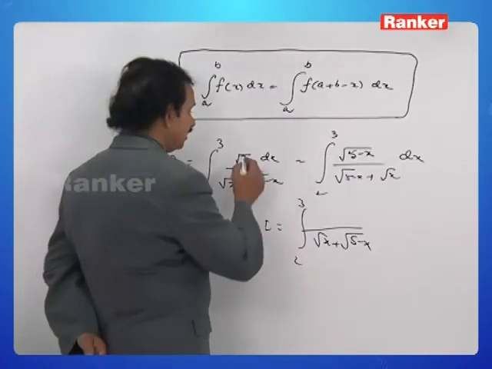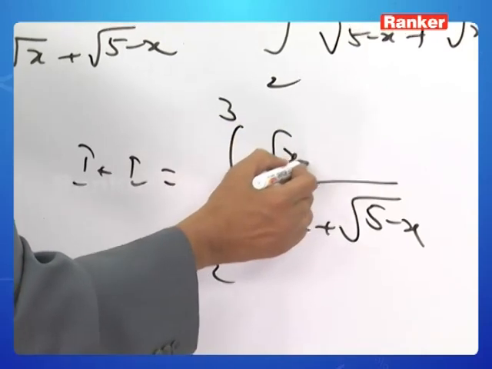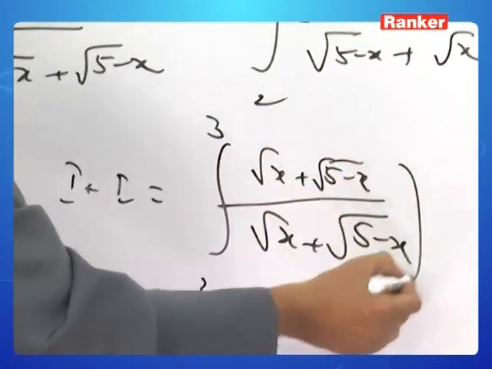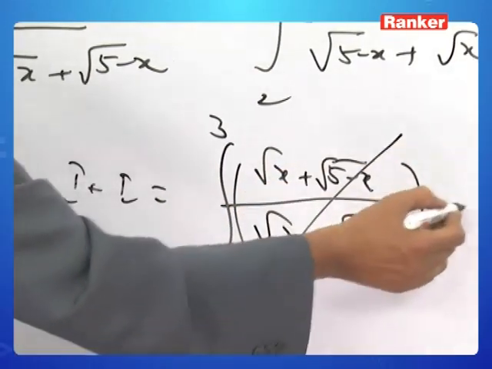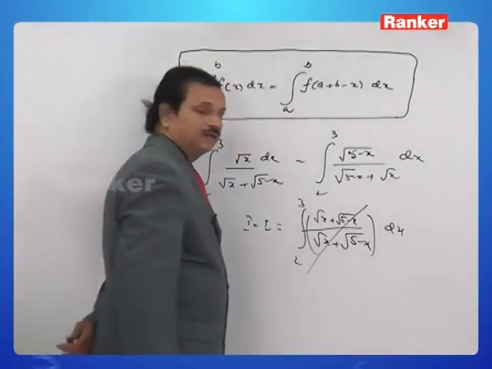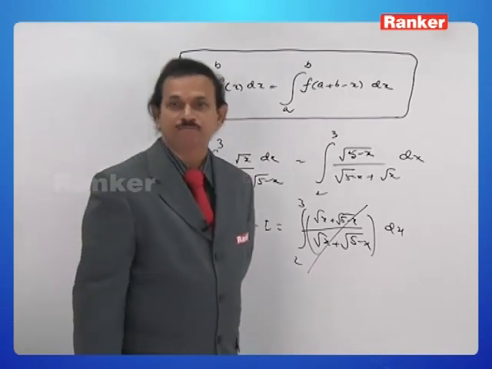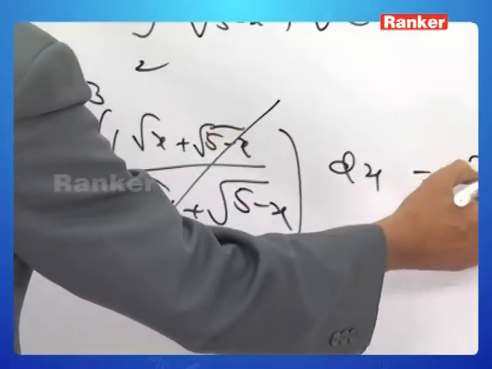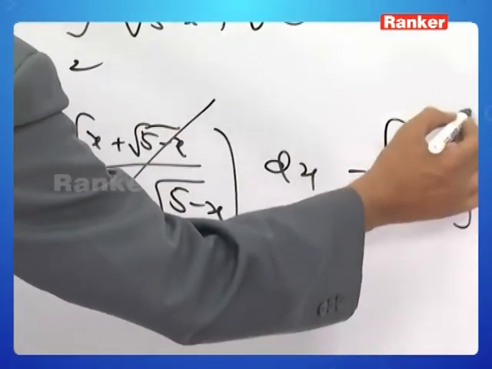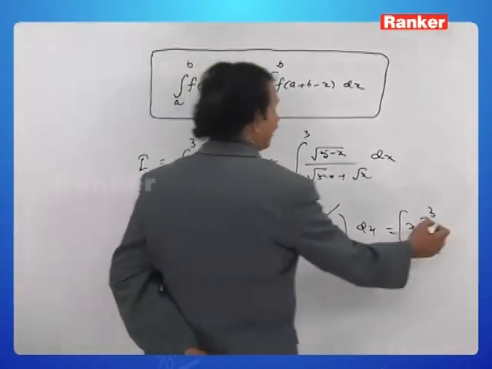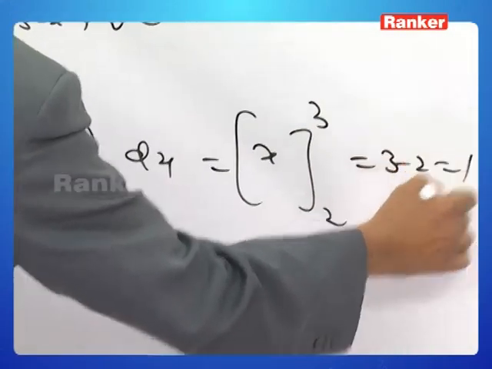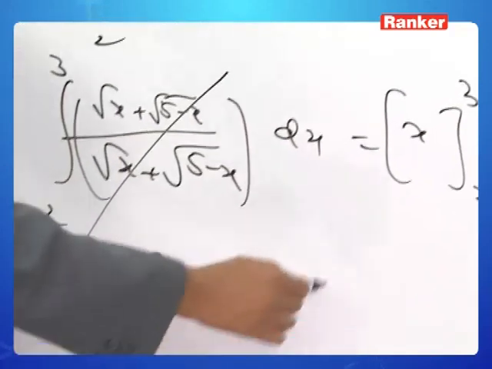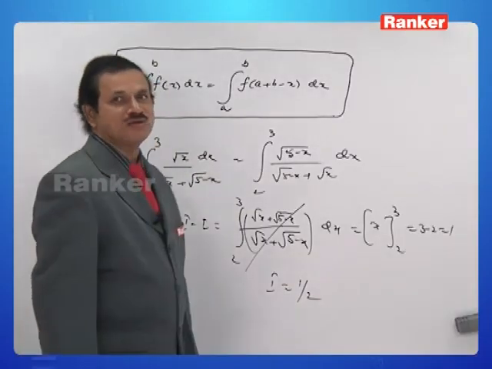Think of the numerator, root x plus root 5 minus x. These two will be cancelled, and one only will remain there. Integral of 1 dx is x between the limits 2 to 3. That is 3 minus 2 is 1. 2I is 1, hence I is 1 by 2.